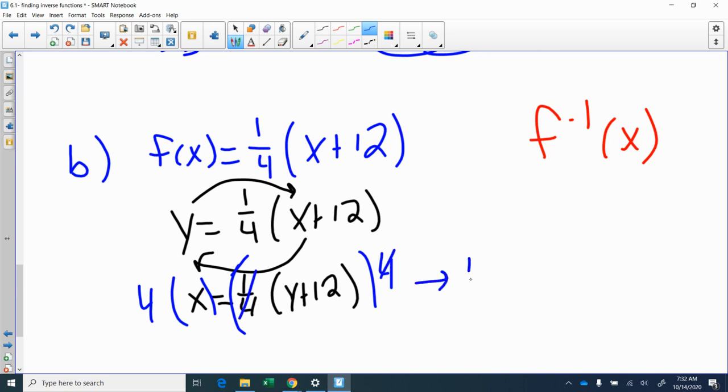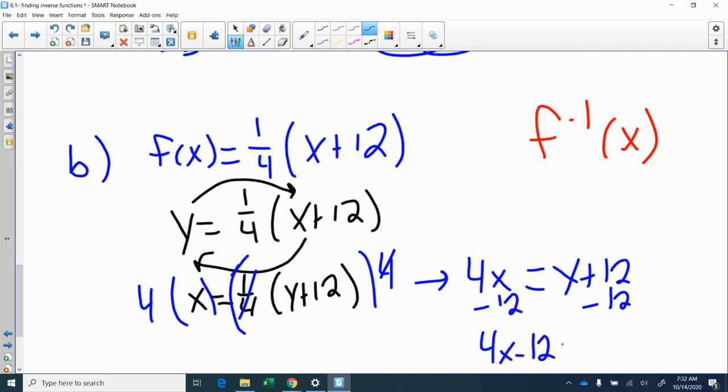So this would become 4x equals y plus 12. My last step, subtract the 12 over to get 4x minus 12 equals y. And I have my inverse function, the exact opposite of what I'm given in front of me.